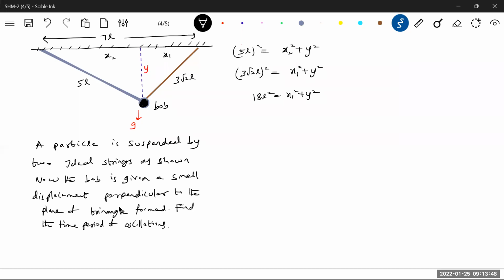We need, and the other side, x2 plus x1 length we know equals 7L. So y should be eliminated, so I'll take the difference of these two.